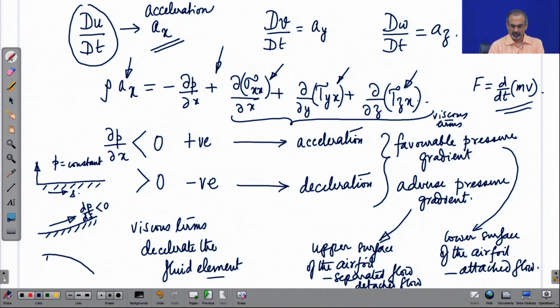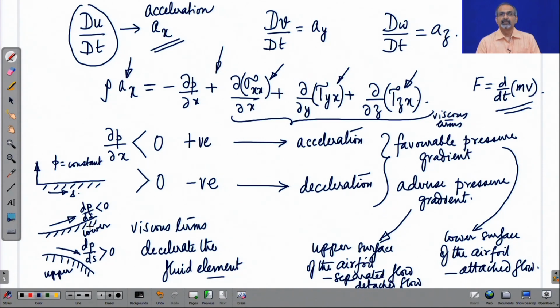A sloping down on the other hand is going to lead to an adverse pressure gradient, which is bad for the flow. And now you recall that this is what was happening on the lower side and this was happening on the upper side of the airfoil.